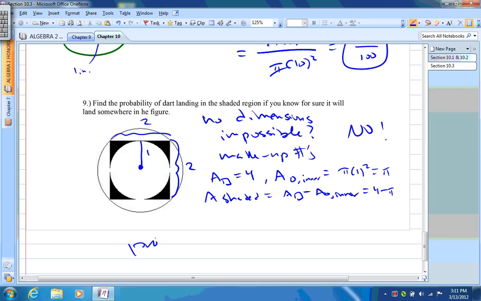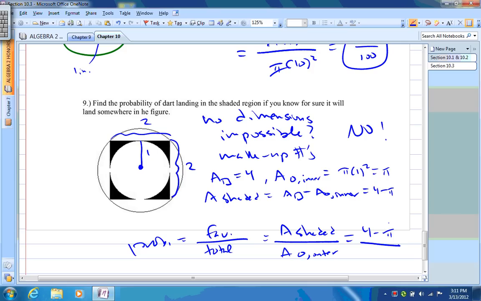And remember, probability is favorable divided by total. So in this case, the area shaded over the area of the outer circle. So we're almost set here. We have 4 minus pi up top.